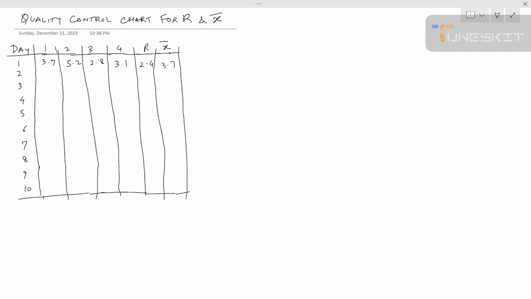So to save our time, I'm ignoring these values and directly giving you the range and x bar values that you have presumably worked out, taking the range and taking the mean of these values.